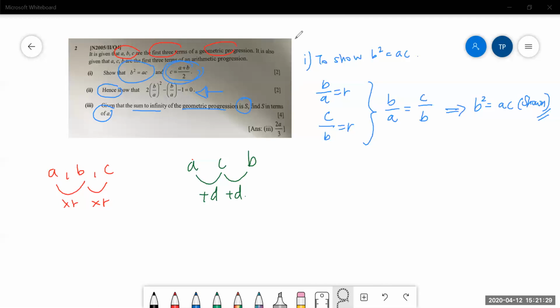Infinity, not Sn. S infinity is equals to A over 1 minus R. Oh, but I thought it's GP, right? Yes, it's GP. I'm sorry, I didn't see the sum to infinity. I was using the sum.